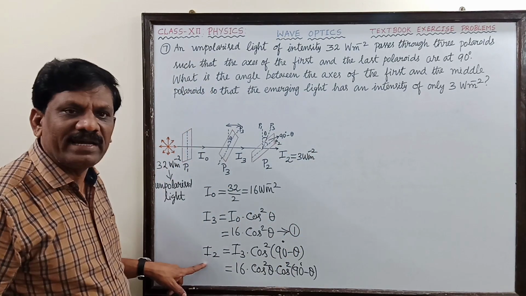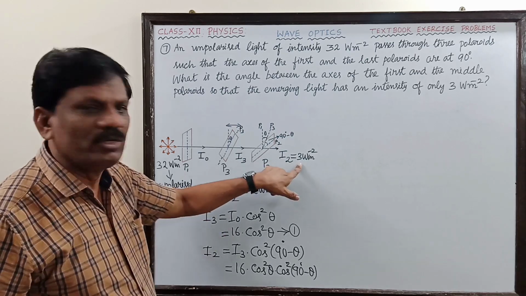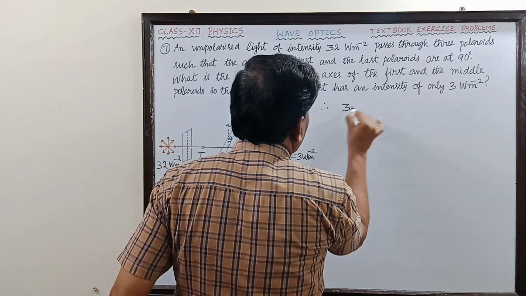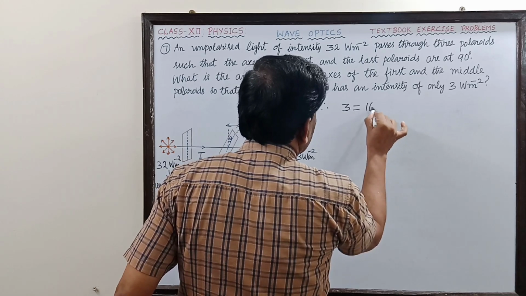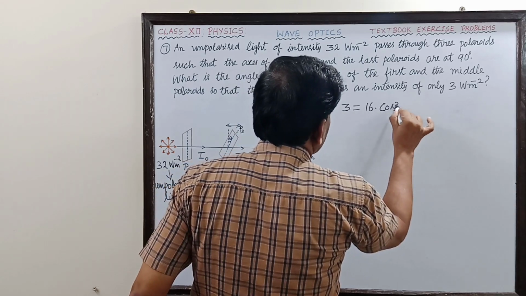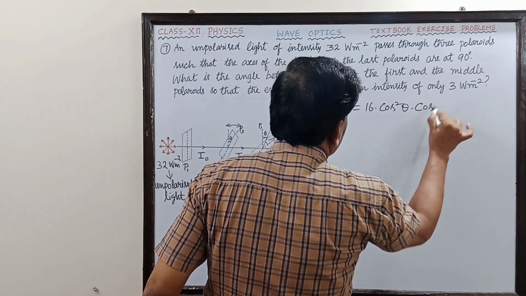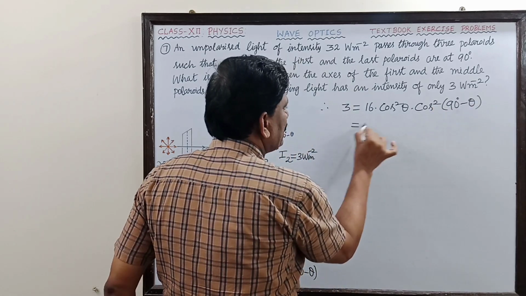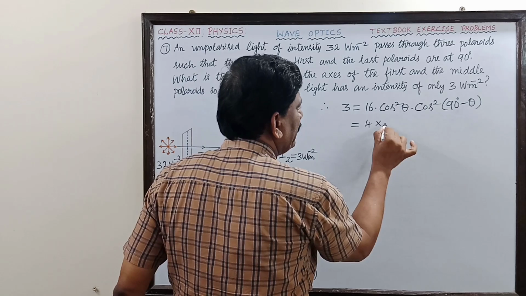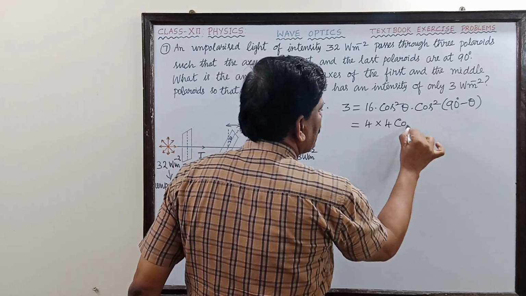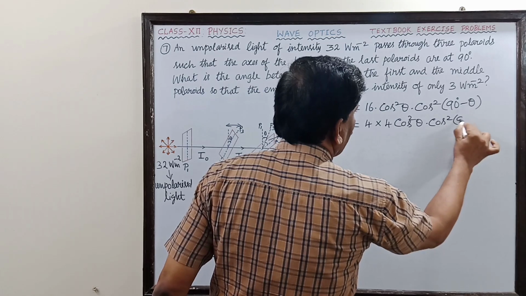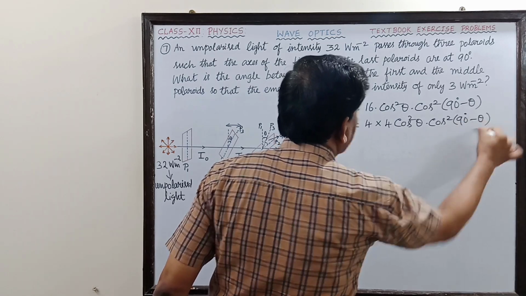So left hand side is I2. In place of I2, what shall we substitute now? 3. Therefore, 3 watt per meter square is equal to 16 into cos square theta into cos square of 90 minus theta. So this is equal to 4 into 4 cos square theta into cos square of 90 minus theta.